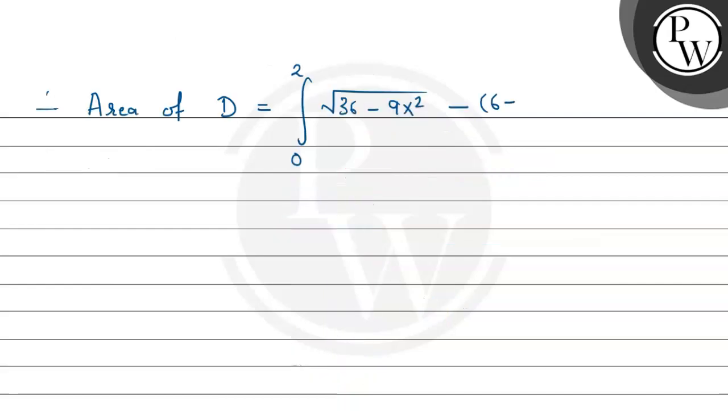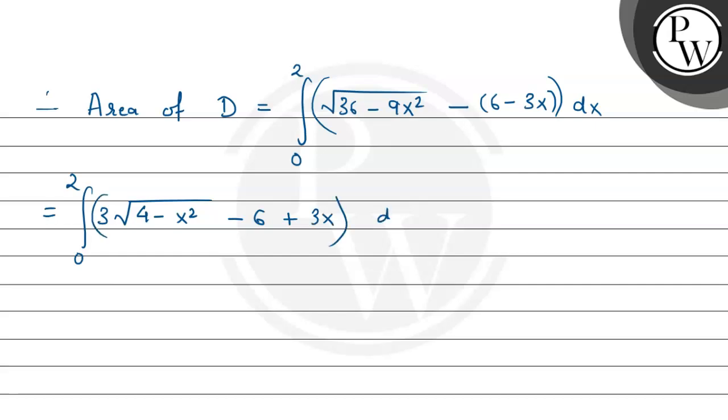So यहाँ आ जाएगा 6 minus 3x whole times differential dx. And now let's evaluate this integral. तो यहाँ आ जाएगा इंटीग्रल 0 to 2. यहाँ से हम 9 को कॉमन लेके स्क्वायर रूट के बाहर ले सकते हैं. तो यहाँ आ जाएगा 3 टाइम्स स्क्वायर रूट ऑफ 4 माइनस एक्स स्क्वायर्ड माइनस 6 प्लस 3x होल टाइम्स डिफरेंशियल dx.